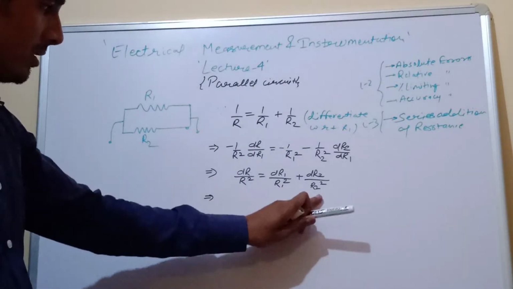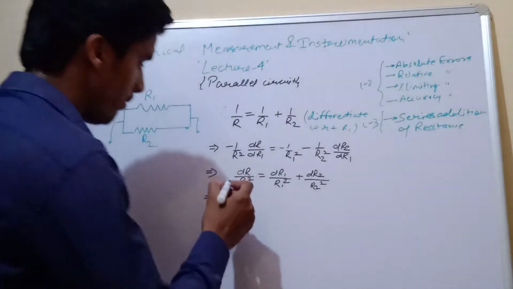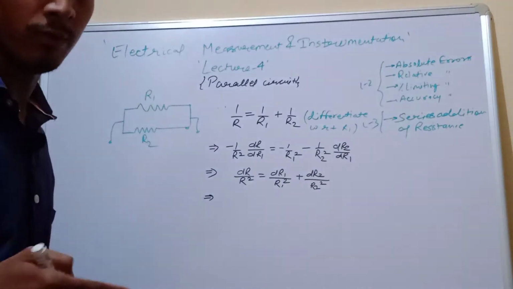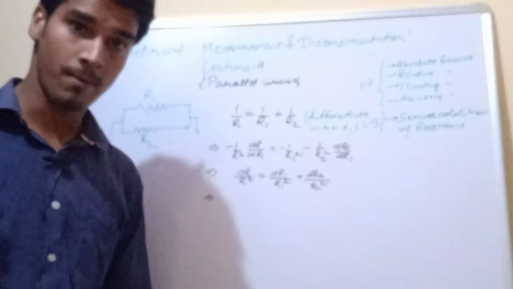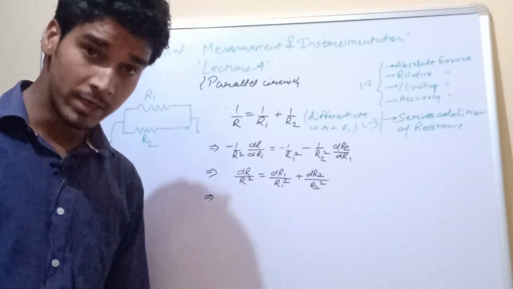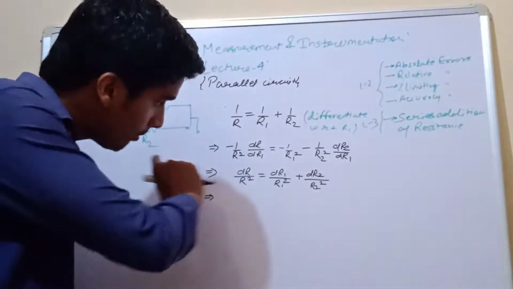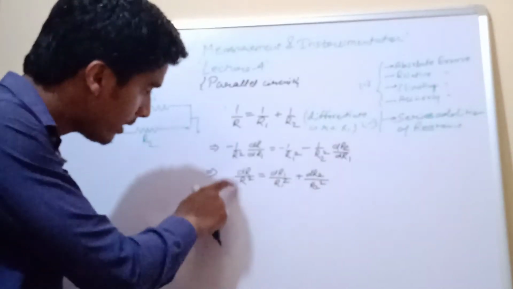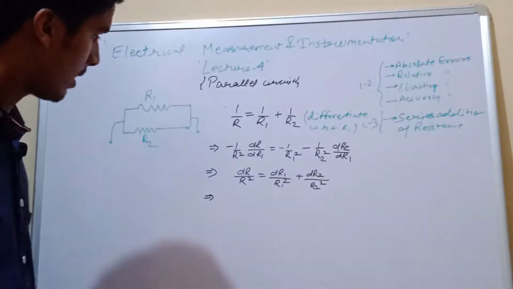Now what we actually want is dR upon R, so we have to multiply this term with R so that we can get dR upon R.